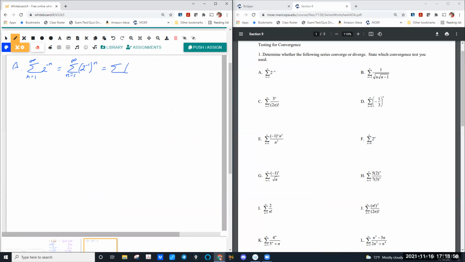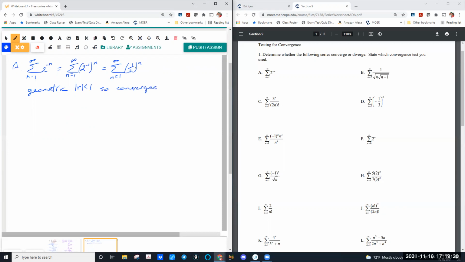So this is basically 1/2 to the n. Anytime your general term is an exponential function, this is a geometric series. So this is geometric with a common ratio less than 1. So we know it converges.